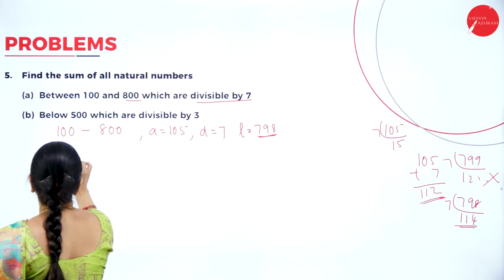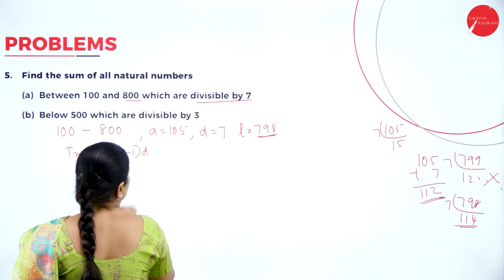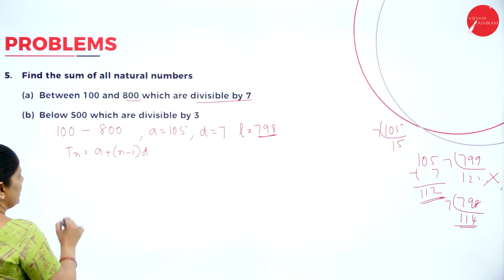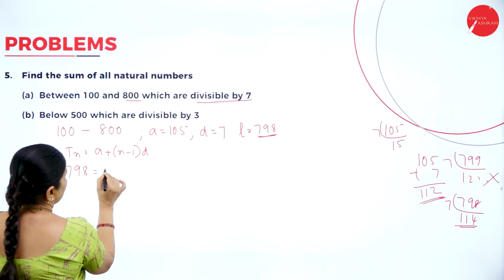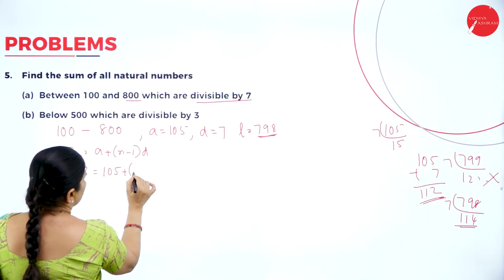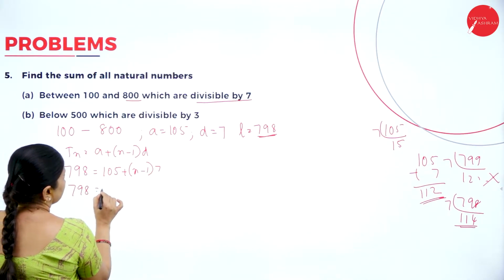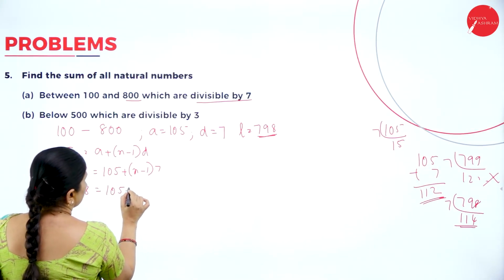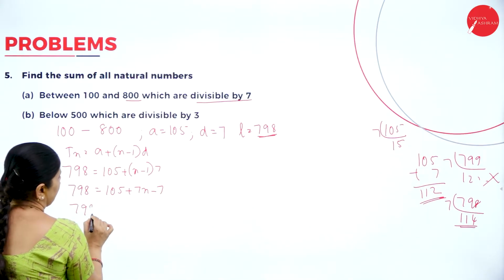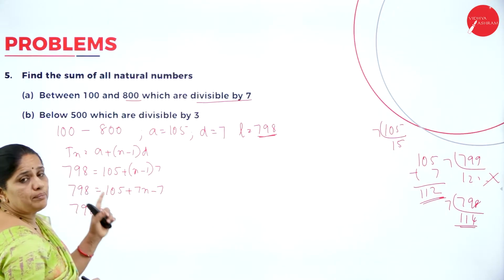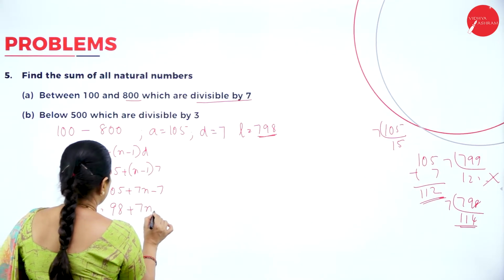So I use the formula Tn equals a plus n minus 1 into d. I don't know the number n. So I'll write 798 equals 105 plus n minus 1 into 7. So 798 equals 105 plus 7n minus 7. 798 equals 105 minus 7, which comes to 98, plus 7n.